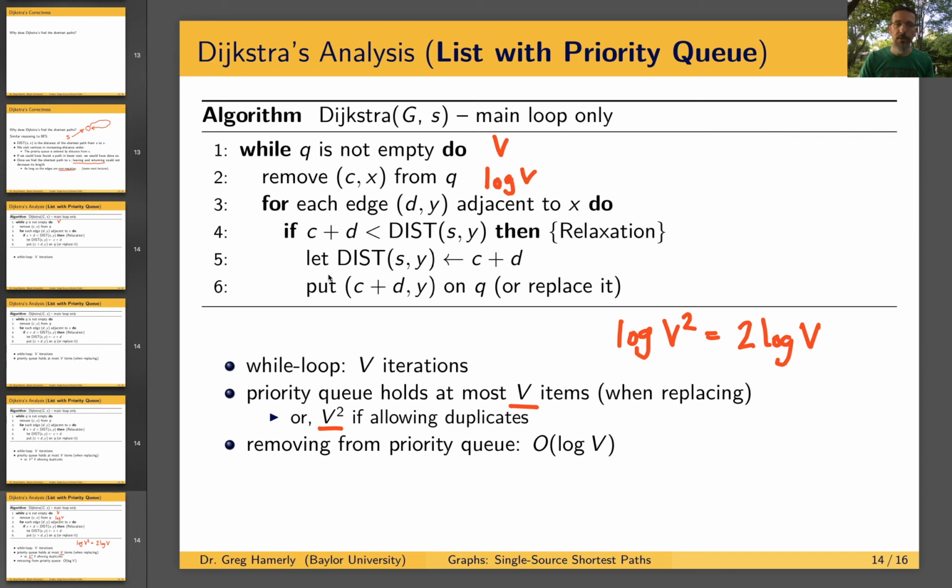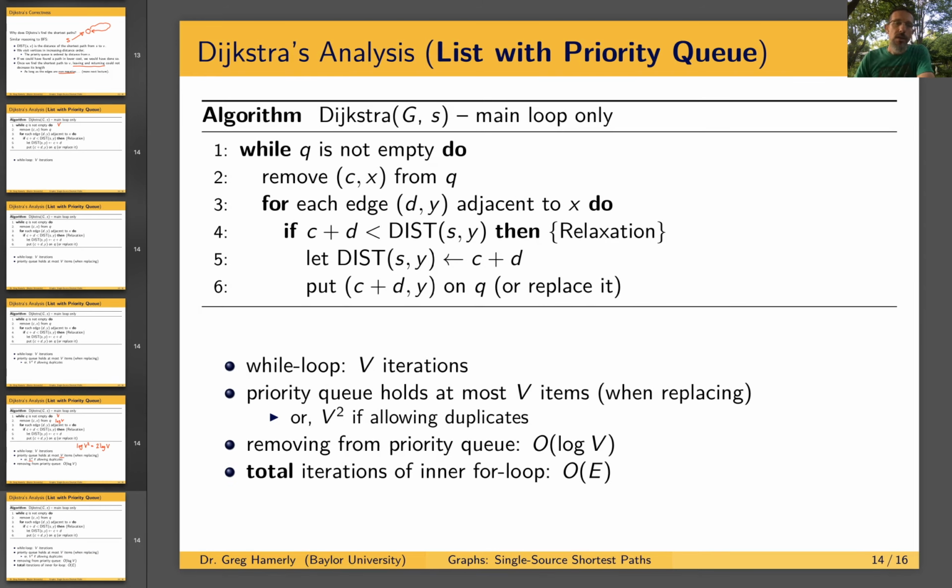and then we have to iterate over all the edges. The total iteration over all the edges is E, and that's over all outer loop iterations.